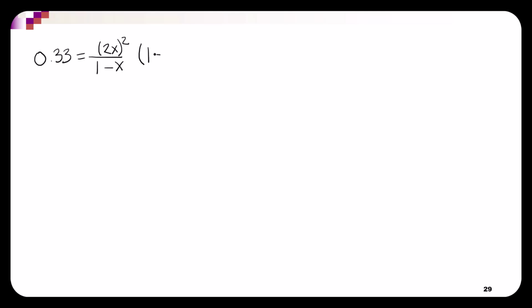So I'm going to multiply by 1 minus x. 1 minus x on the bottom, 1 minus x on the top. Those cancel. Whatever I do to the left side, I also have to do to the right side. So I'm going to multiply this 0.33 by 1 minus x. So over here, we've got 2x squared. And then I'm going to distribute this 0.33 through.